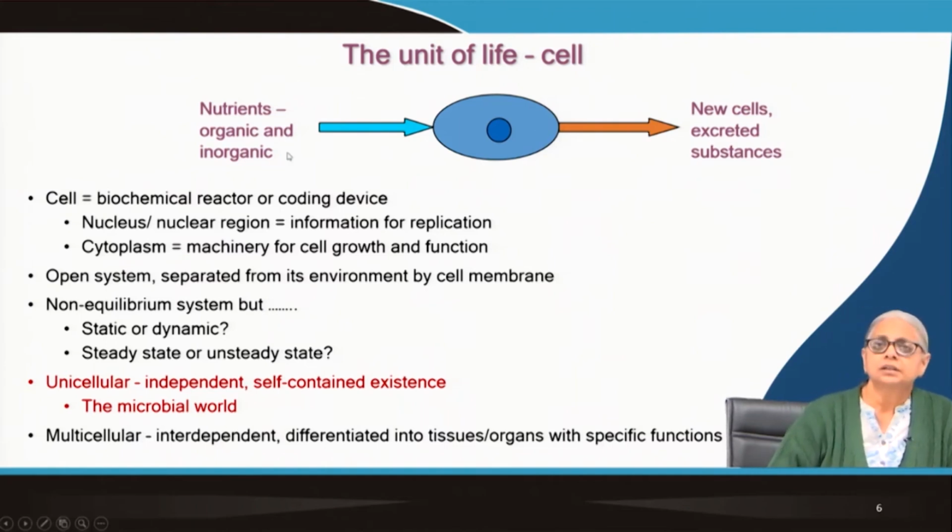Now, there are different analogies that can be used to describe a microbial cell or even any other cell. So, a cell can be compared to a biochemical reactor or to a coding device. If I want to compare it to a biochemical reactor, you might say, why does it resemble a biochemical reactor? The simple thing is that it's taking in chemicals. Just like a biochemical reactor, you have material that is added into the reactor.